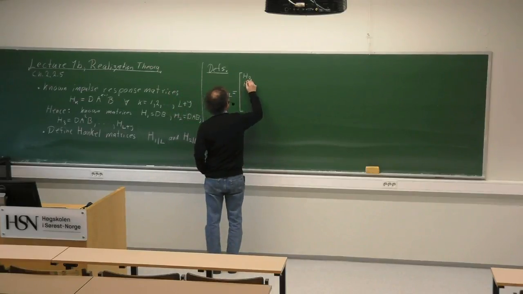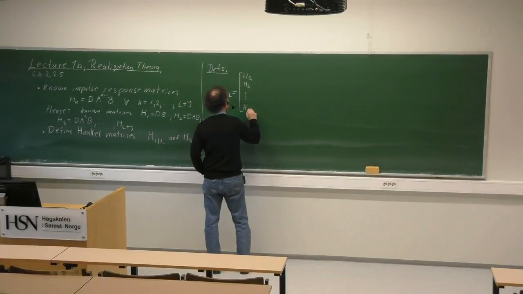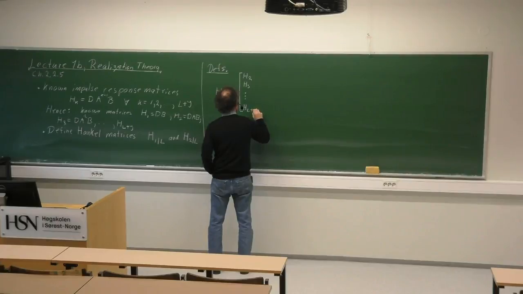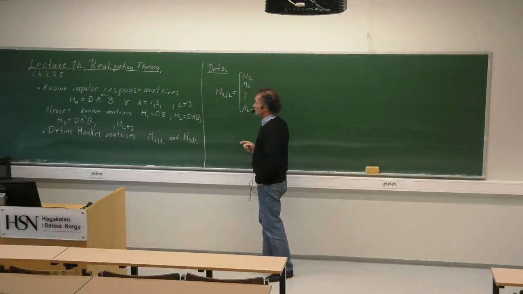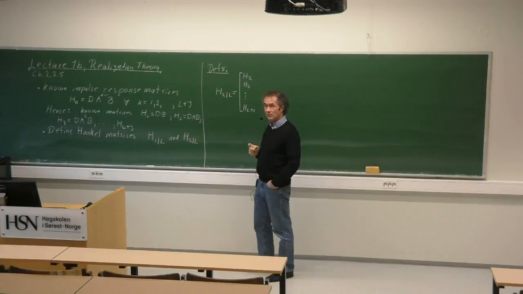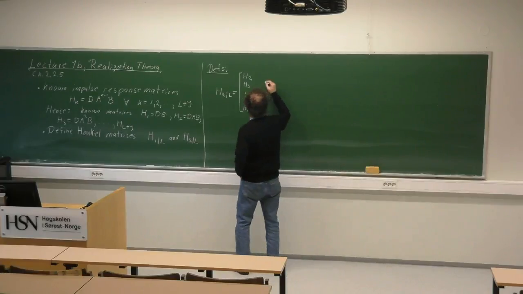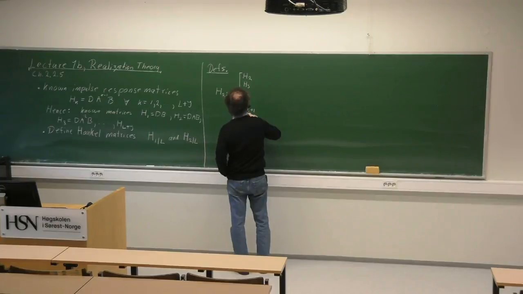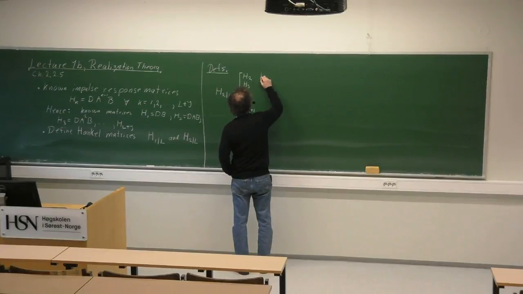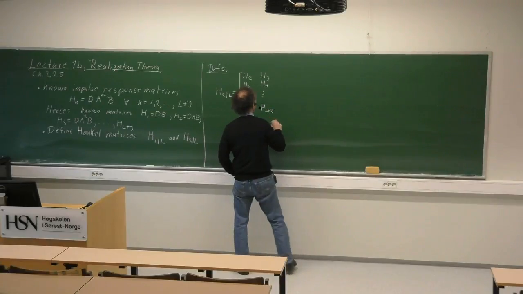So H3 here then, down to H_{L+1}. It is named a Hankel matrix because of a special structure. This is a block column because H2 is a matrix. And then the second block column is H3, H4, down to H_{L+2}.